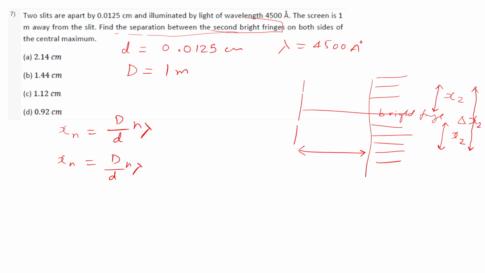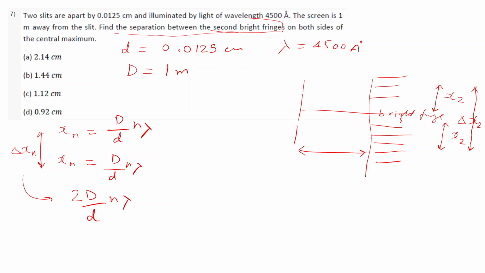So the total is the addition of this much distance from center, and on the other side also the distance is the same. So the distance between these two fringes on either side, this delta xn, will be 2 times capital D, addition of this basically.